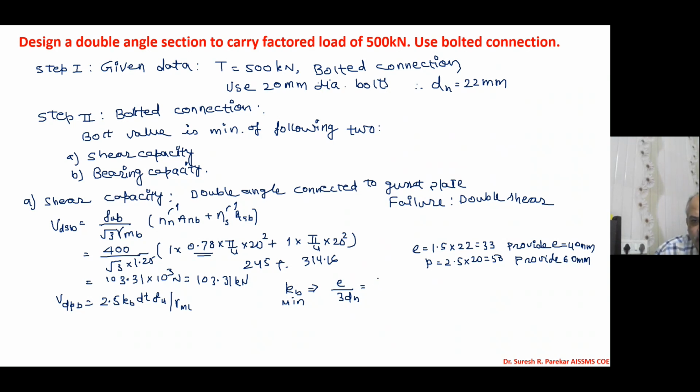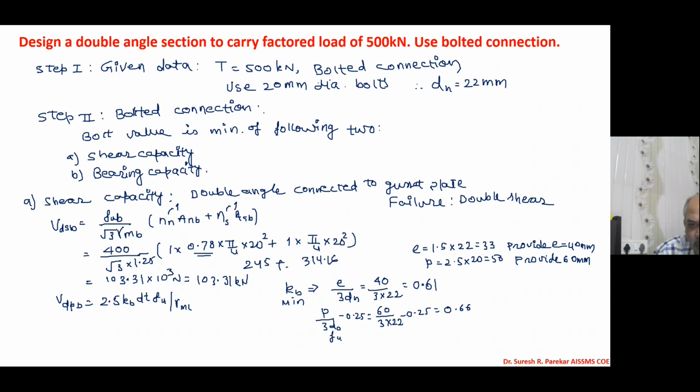So we have 40 divided by 3 into 22, so 40 divided by 66, 0.61. Then P upon 3d0 minus 0.25, since 3dh and 3d0 are one and the same. So we have P 60 upon 3 into 22 minus 0.25, so 60 divided by 66 minus 0.25, 0.66.